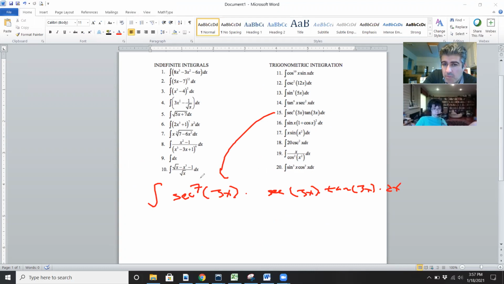Same thing, right? You just break out the secant 8 as secant 7 times secant. And then I'm going to let u equal secant 3x and du dx equal the derivative of that, which is, of course, there's a chain rule, so you got the 3 to the front. And derivative of secant is secant tan, but your inside, of course, is 3x.